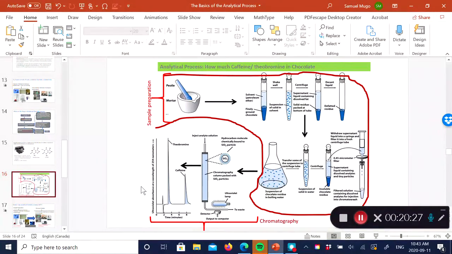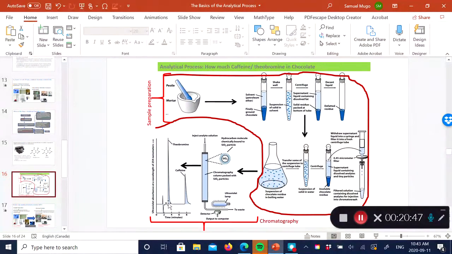So gas chromatography always has a detector. Maybe the detector in this case, you can see, is a UV detector. Okay. And so in the end, you can see that I've been able to separate the two, the theobromine and the caffeine, and I've got those peaks.